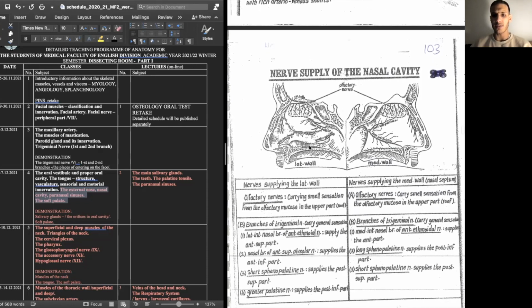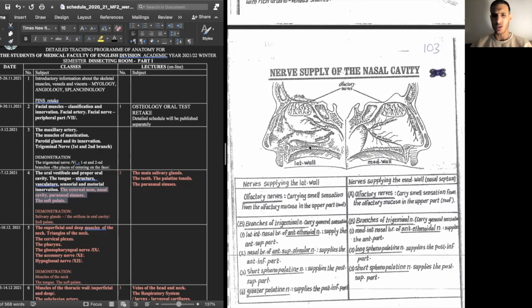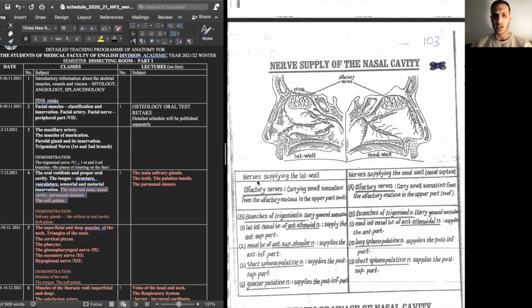Nerve supply of the nasal cavity. There's a lot of things to be discussed here, and we can just go over them very quickly. Nerve supplying the lateral wall: olfactory nerves, because the olfactory nerves carry smell sensation. The branches of the trigeminal nerve carry general sensation, such as the anterior ethmoidal nerve, the nasal branch of the anterior superior alveolar nerve, the short sphenopalatine nerve, and the greater palatine nerve.